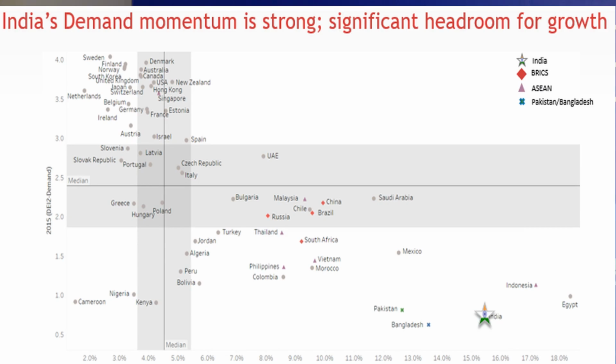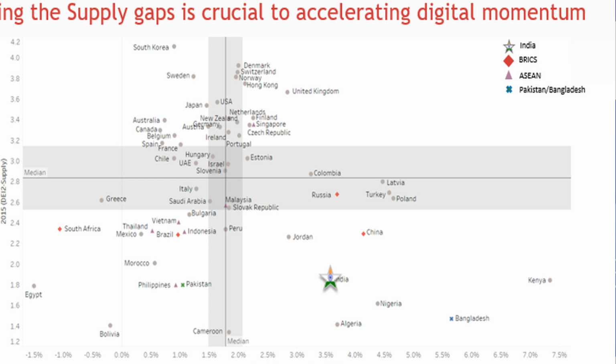Now to break it down by individual categories, in terms of demand momentum, India is actually very strong. That's that star that was circling around there, so it's on the far right. When I look at supply, you can see it's doing surprisingly nicely, in terms of the change in supply infrastructure being reflected over here.